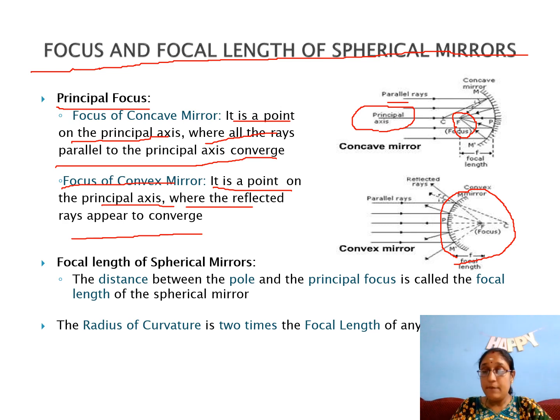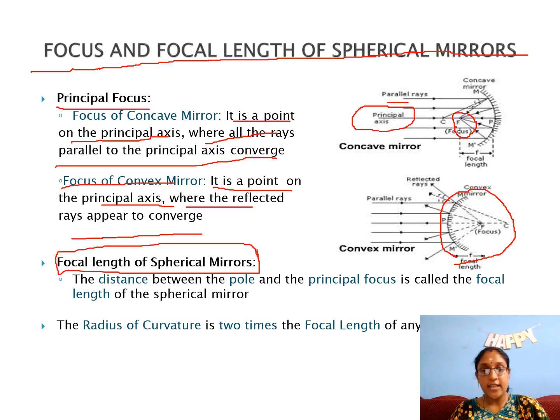Next important thing is the focal length of a spherical mirror. It is a very important thing, and you have problems based on this. The distance between the pole and the principal focus is called the focal length of a spherical mirror.